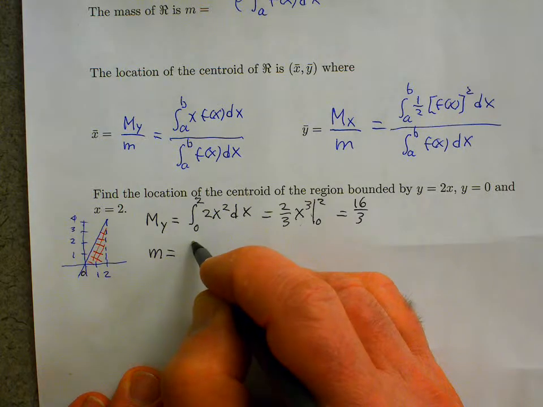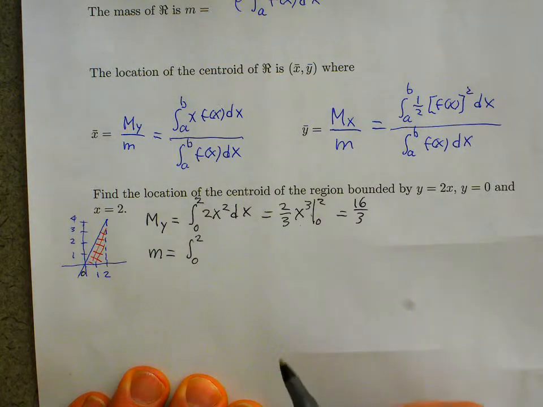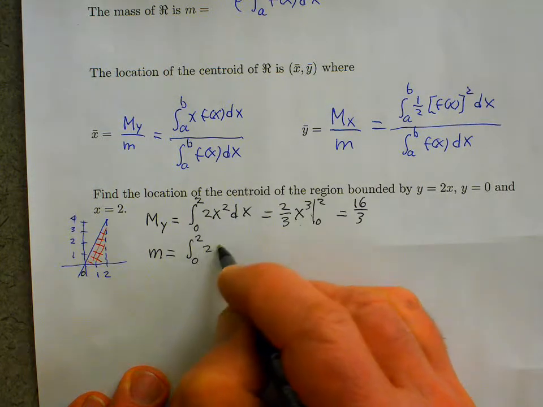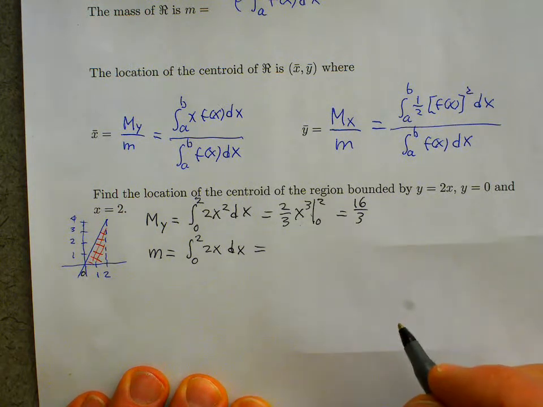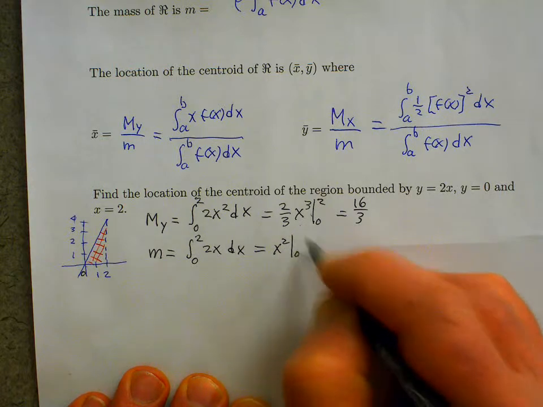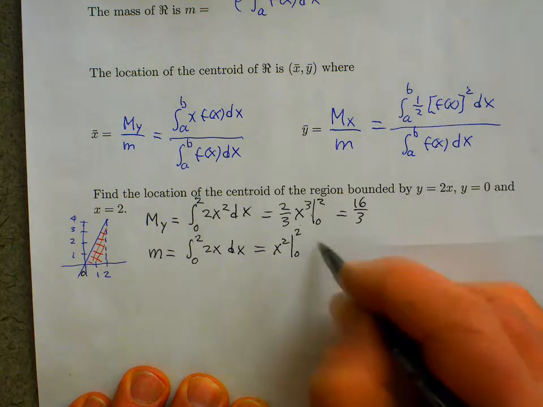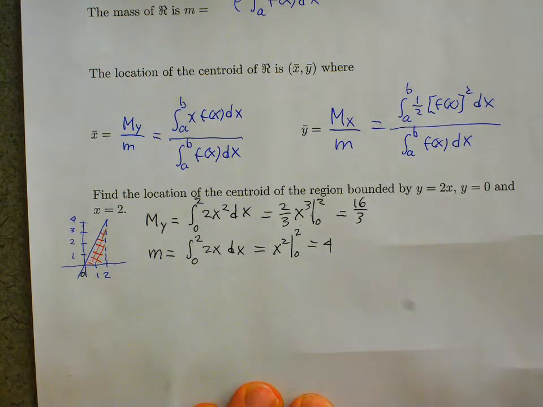But we might as well just use the definite integral from 0 to 2 of 2x dx. So x squared from 0 to 2 is 4.